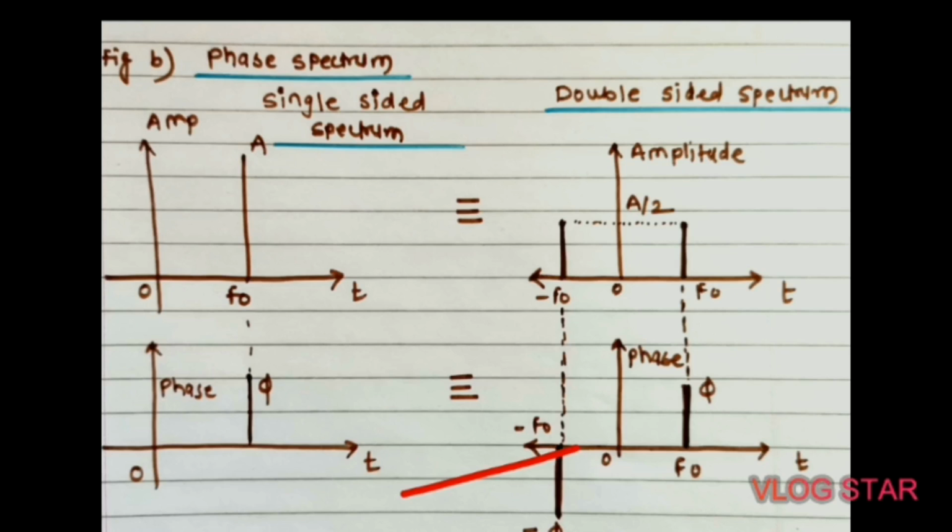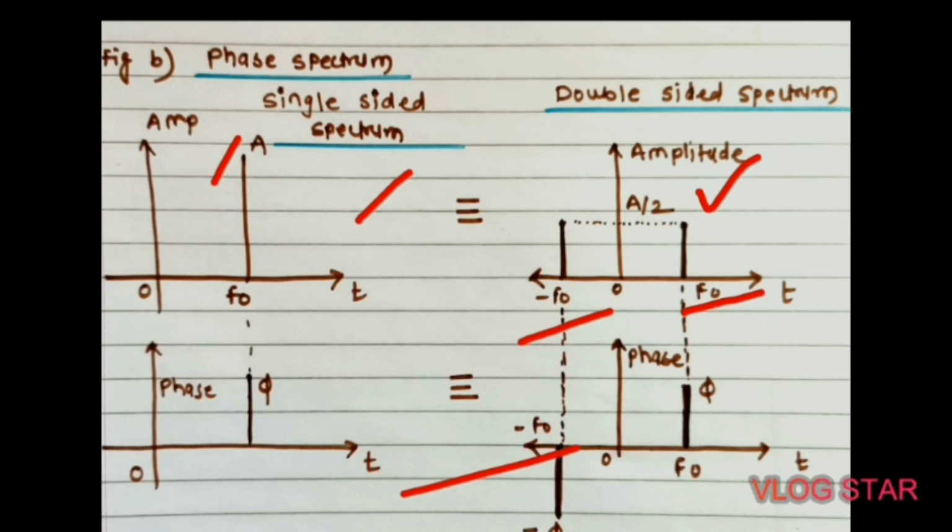Looking at figure A, the amplitude spectrum, we conclude that in the single sided spectrum there is only one frequency component present at f equal to f0 with amplitude A, whereas in the double sided line spectra two frequency components, plus f0 and minus f0, are present with amplitude A by 2 but no change in polarity.